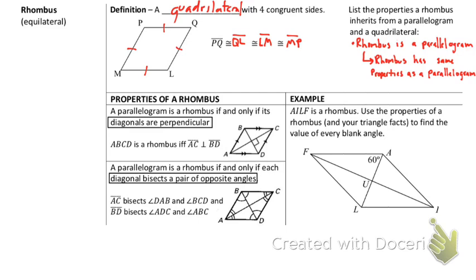The new property is when you have a rhombus, then the diagonals are perpendicular to each other. What that means is that these diagonals will cross each other at 90 degrees.